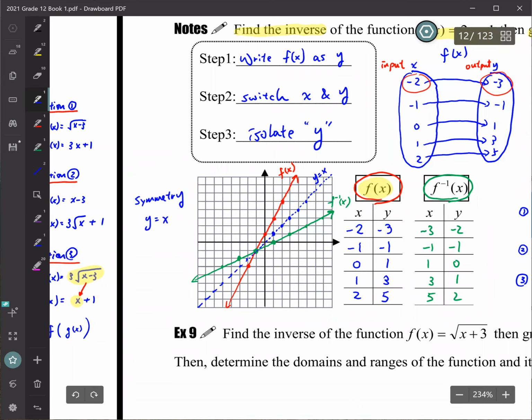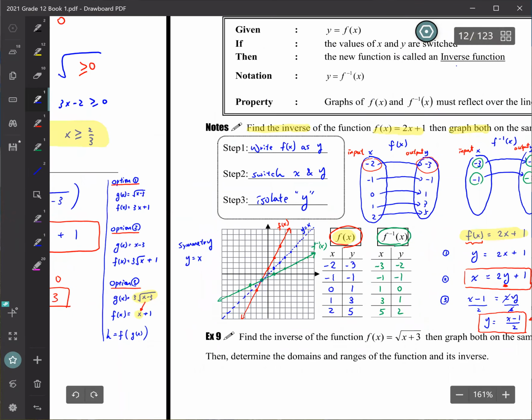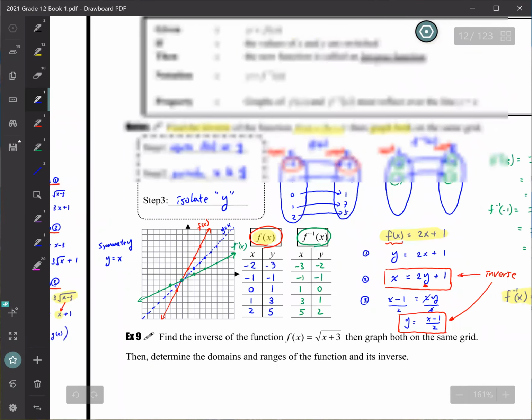For any original and inverse function, you always have a symmetry line. So that's one way you can check if your graph is correct or not. You draw a line and see if they are symmetrical. Any questions so far?